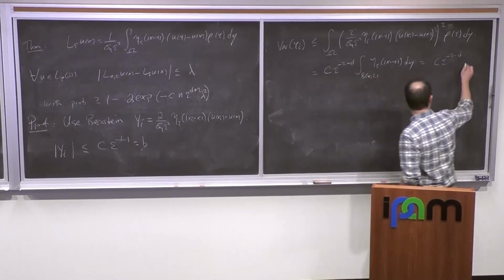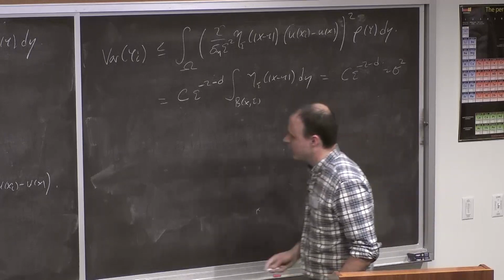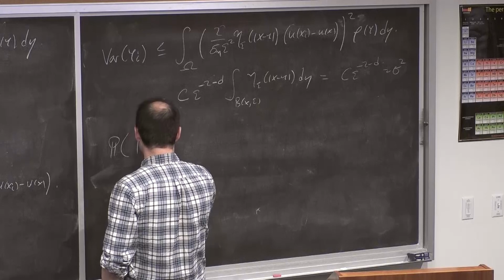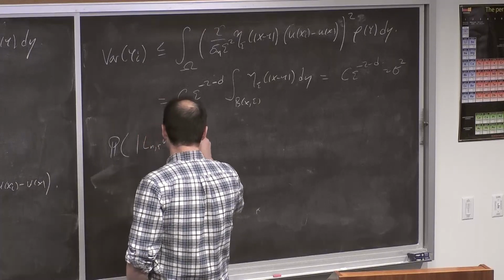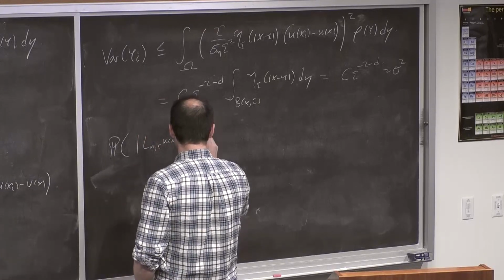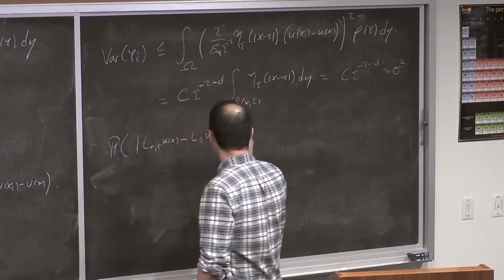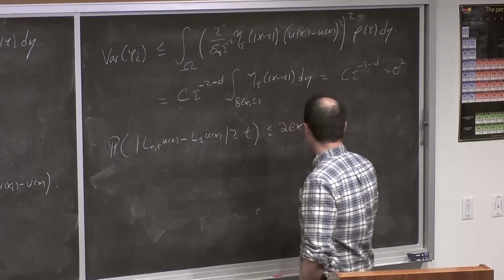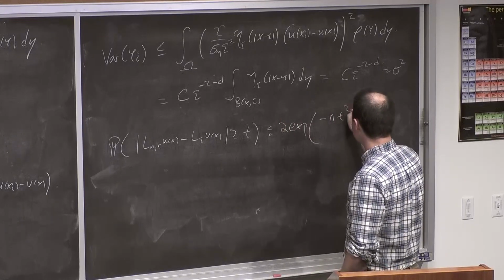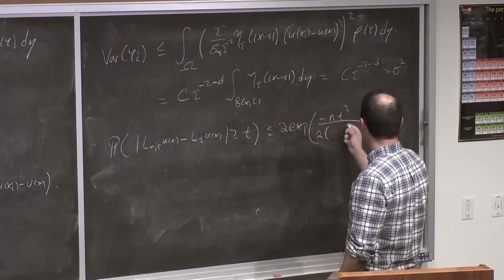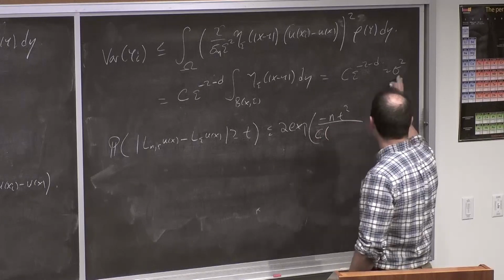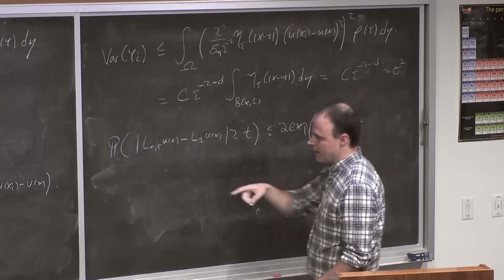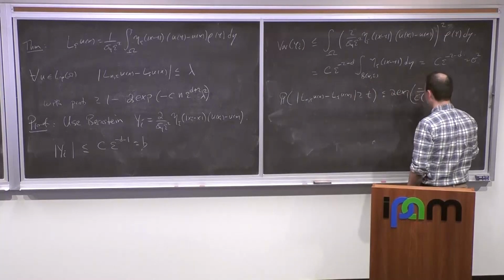That's sigma squared. And now Bernstein says that the probability that Ln epsilon minus L epsilon u is bigger than t, let's say, is less than 2 exponential of minus nt squared. And now here you have sigma squared, so let's just put a constant down here. The sigma squared is epsilon to the minus 2 minus d, and the b is epsilon to the minus d minus 1.